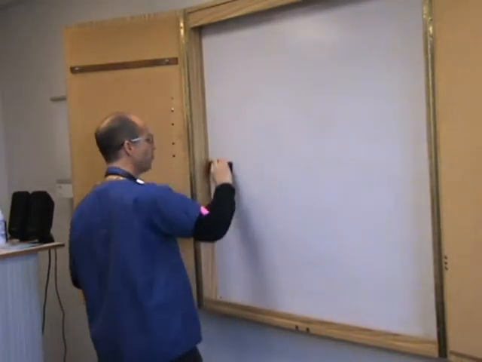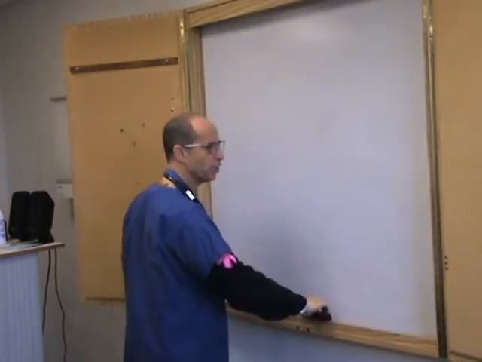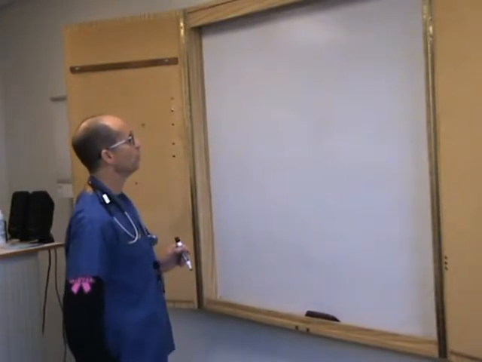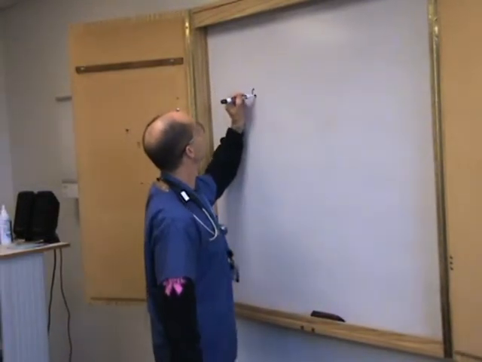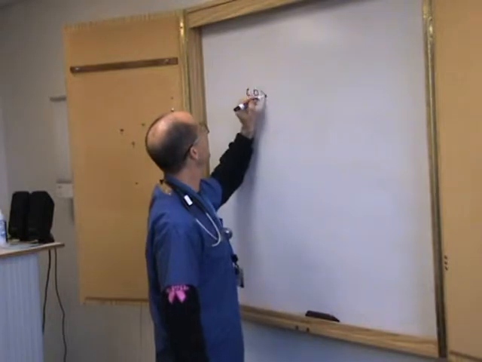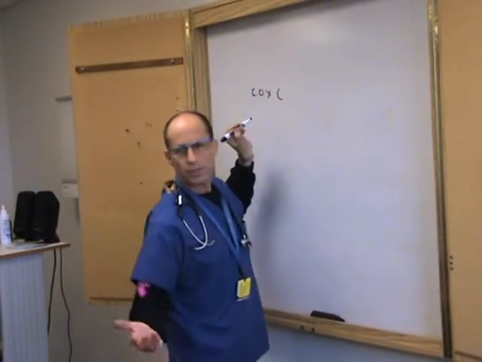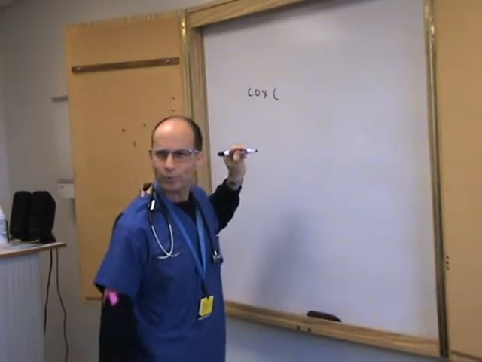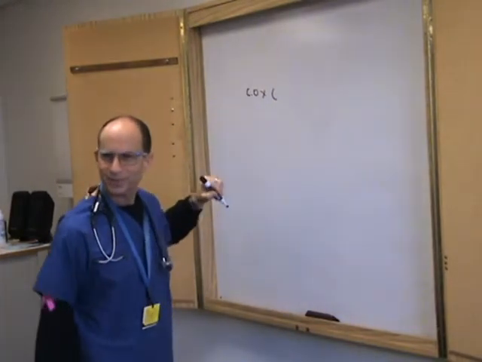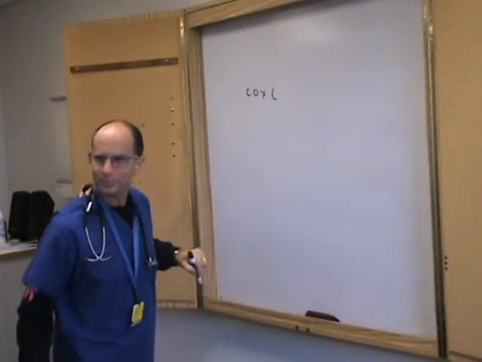Well, I don't think you can talk about oxygen delivery independent of hemodynamics. So here's why. The equation for oxygen delivery is cardiac output times... Any of you guys can tell me? You should know by now. I don't mean to embarrass you.